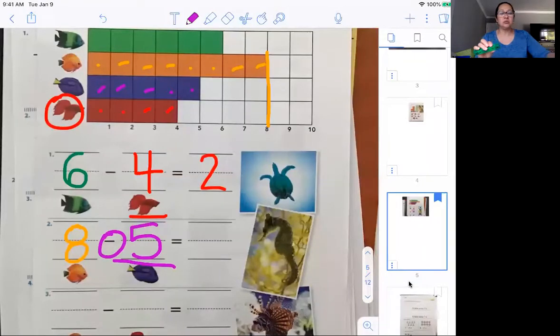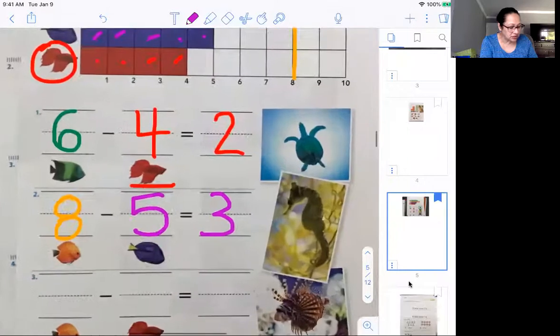There's 2, 3, 4, 5. How many are left? 3. So you're going to write a 3 right there. So 8 minus 5 equals 3. Got it? 8 fish minus 5 fish equals 3 fish.